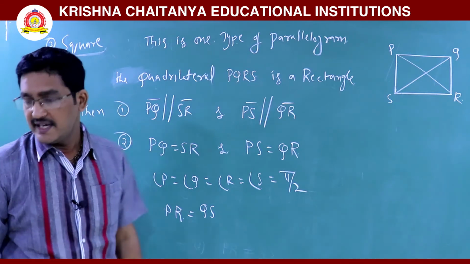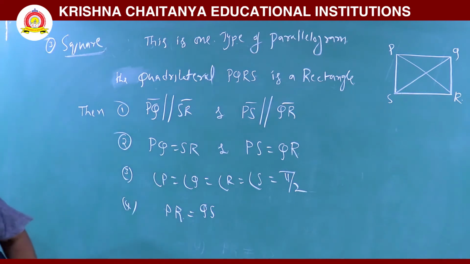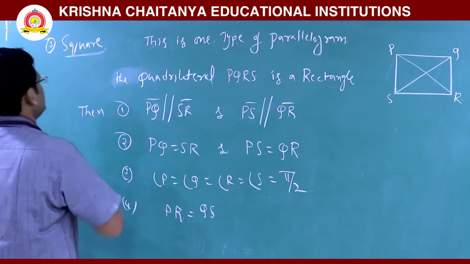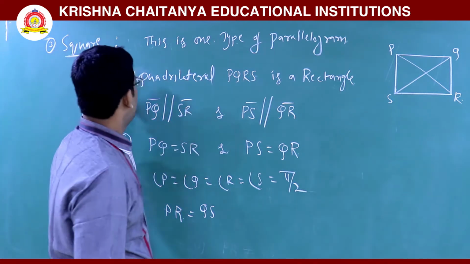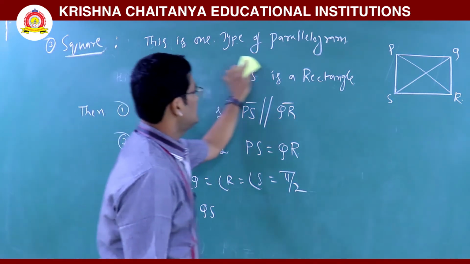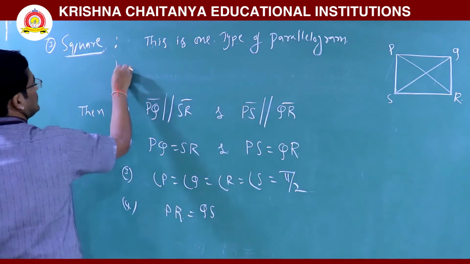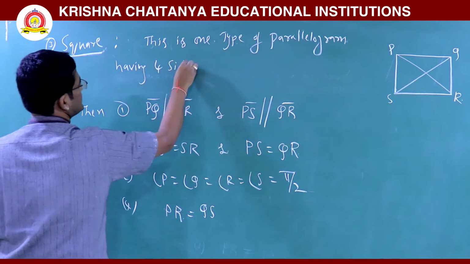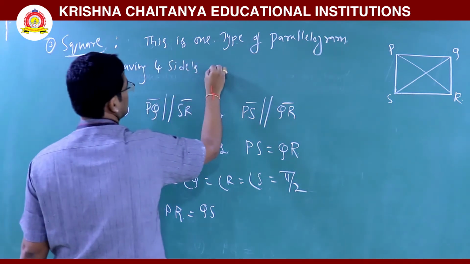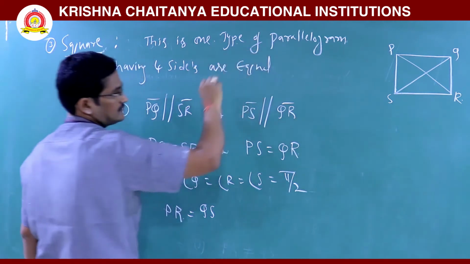With four sides equal, that is called a square. So, square is one type of parallelogram having four sides equal, that is called square.